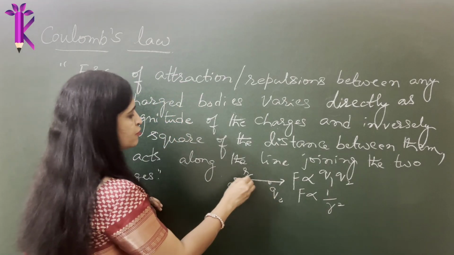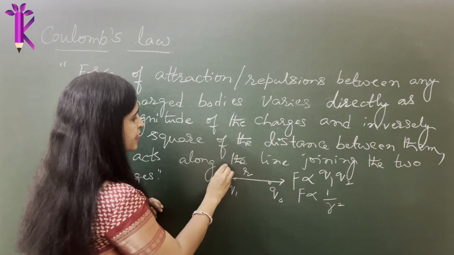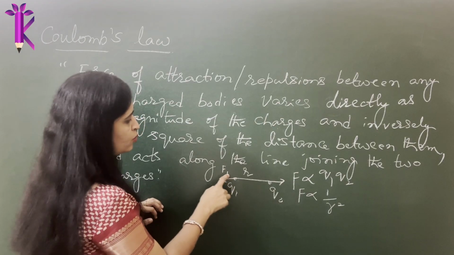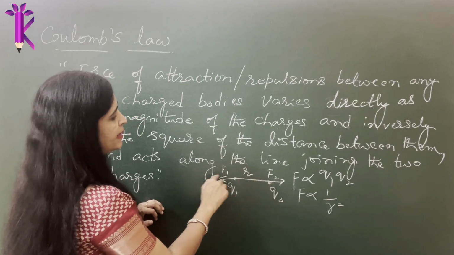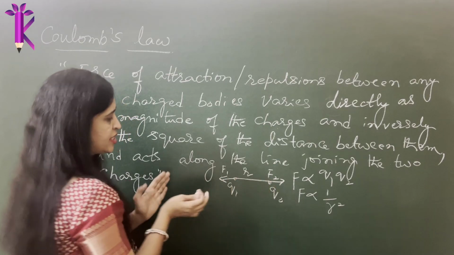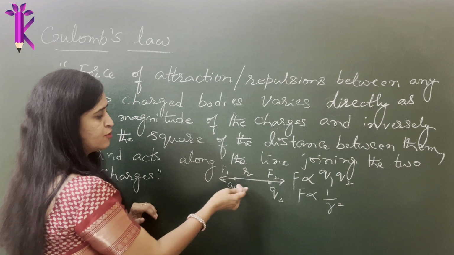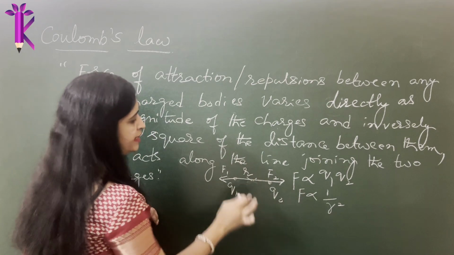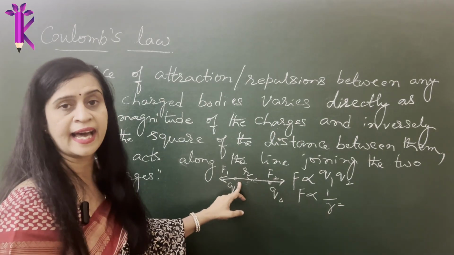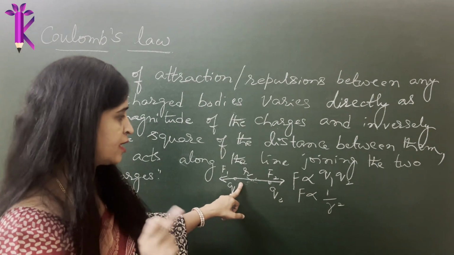So if it is a repulsive force, the force on Q1 due to Q2 and the force on Q2 due to Q1 will act along the line joining the charges in opposite directions. If it's an attractive force, they act in the same direction, right? So you have to specify the direction of force. Please remember, do not leave it out, okay?